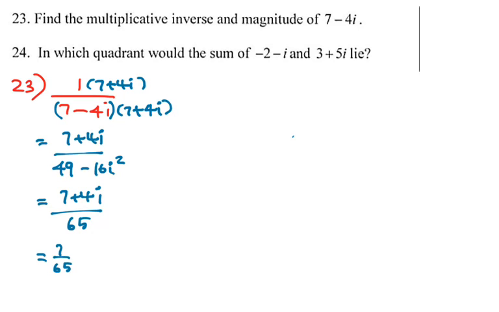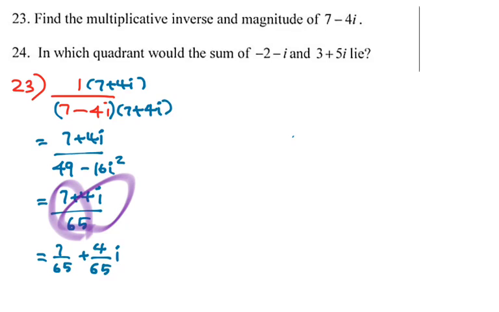And if you wanted to put this into a plus bi format, then 65 is dividing both 7 and 4i at the same time. So we can say 7 over 65, which is the first part, plus 4 over 65 i, which is the second one. So that's how we can do it.